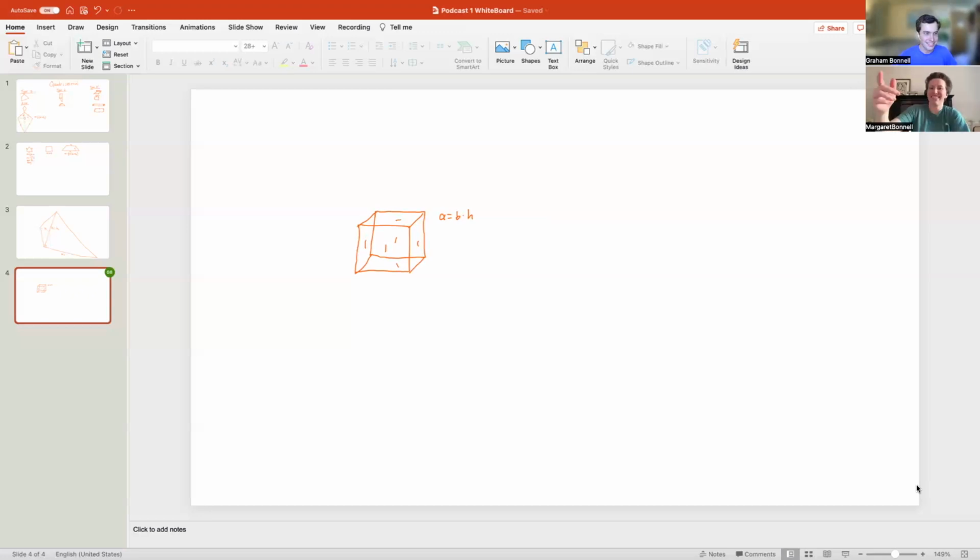Yeah. So this is for a cube. For a rectangular prism, you could find the area of 3 of the sides and multiply each of those by 2, and then add everything up, and you'd be good to go.